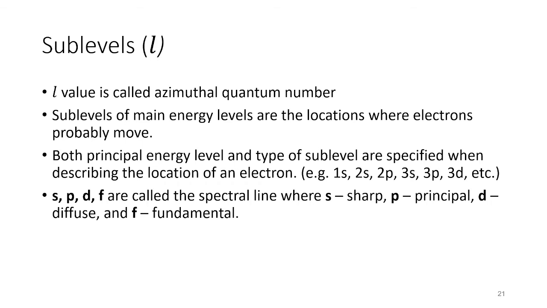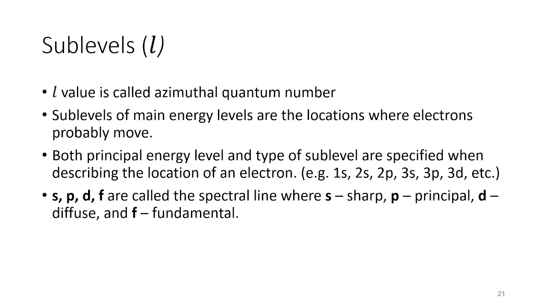And the list continues. If we have n equal to 4, our L may be 0, 1, 2, and 3. Meaning we have s orbital, p orbital, d orbital, and f orbital. In that scenario, we will have 4s, 4p, 4d, and 4f.